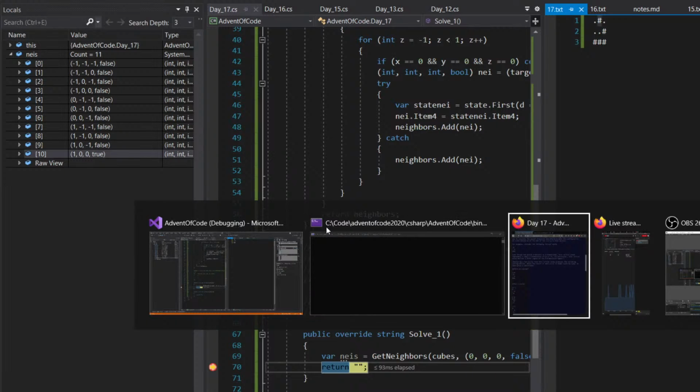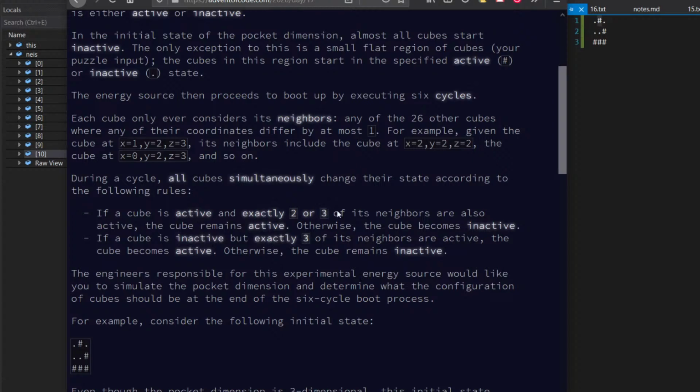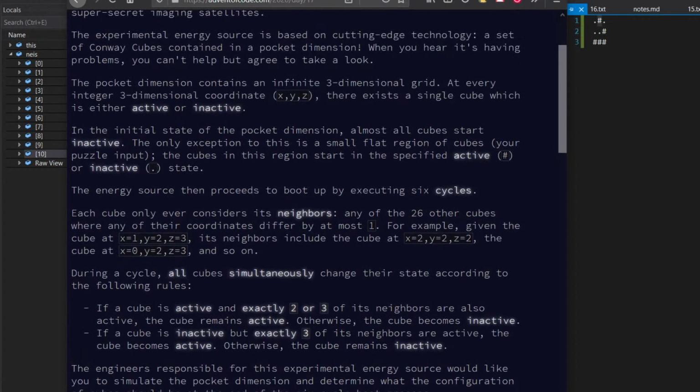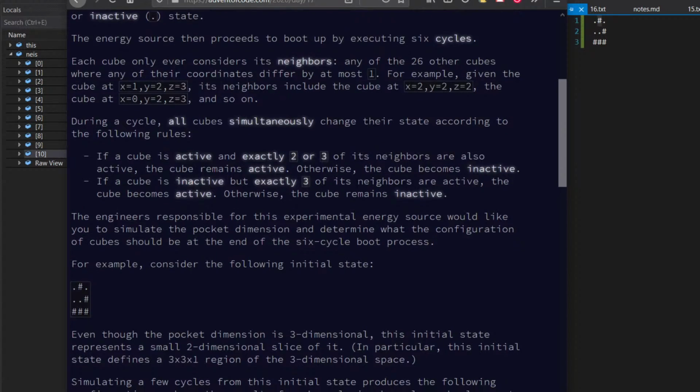But what was it saying about 26? Each cube only ever considers its neighbors. Any of the 26 other cubes where any of their coordinates differ by at most 1. 26?